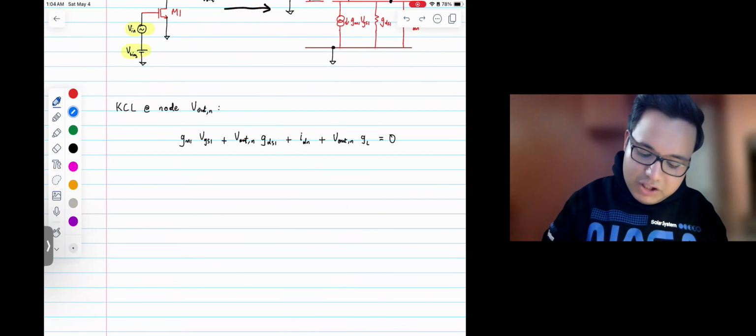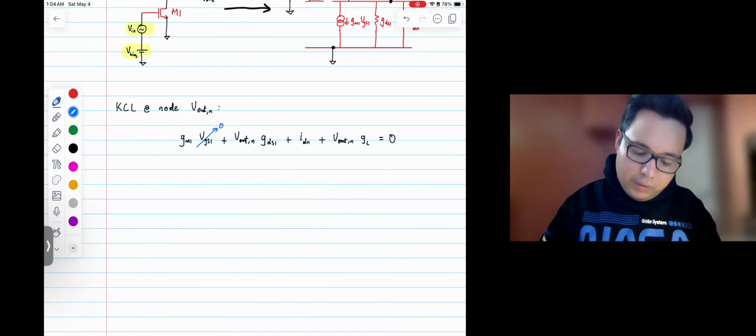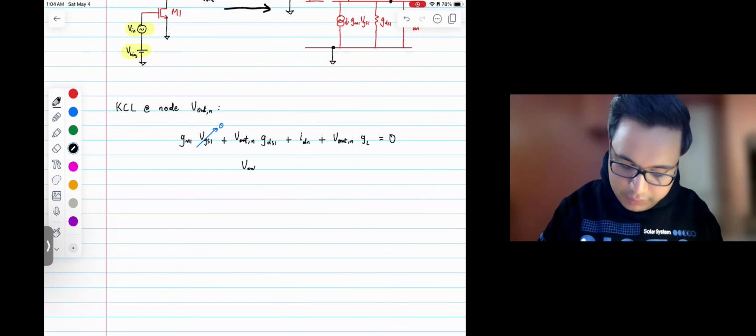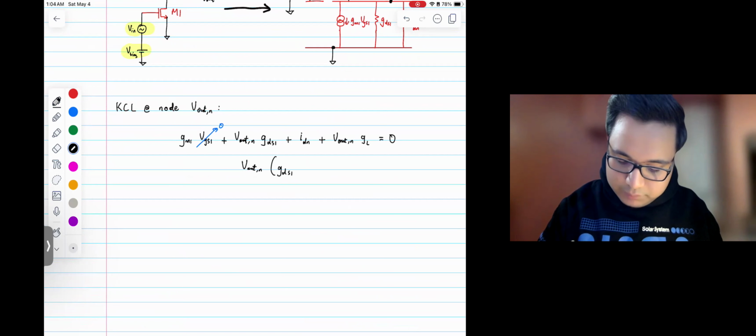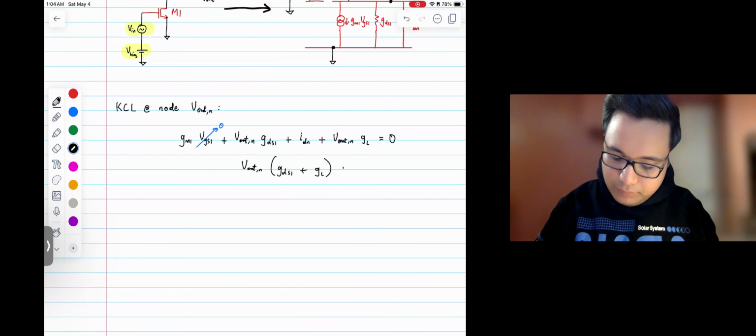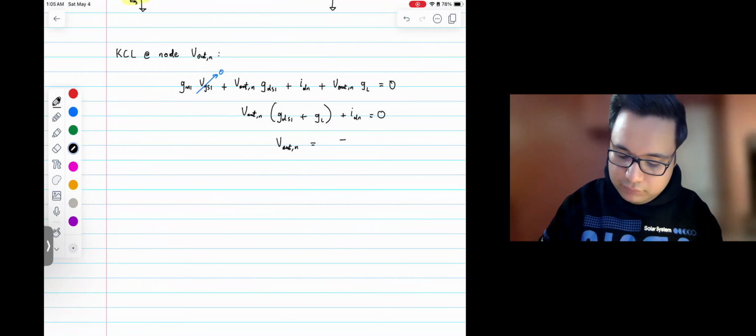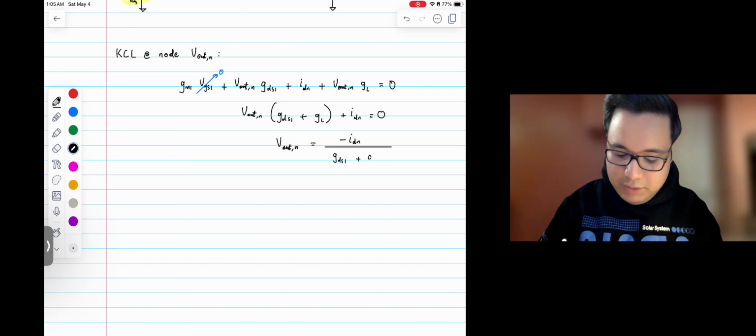All right, so VGS, you can notice, is 0, so we can ignore this term, and then I can simplify a little bit. I can write, we have V out N times GDS1 plus GL plus IDN equals 0, and I can simplify it more and make V out N the subject of my equation, and then I can write minus IDN over GDS plus GL.